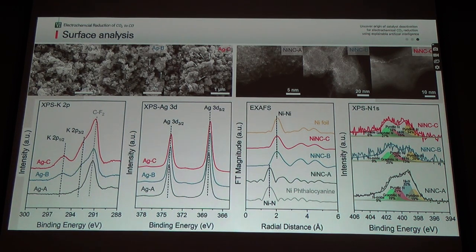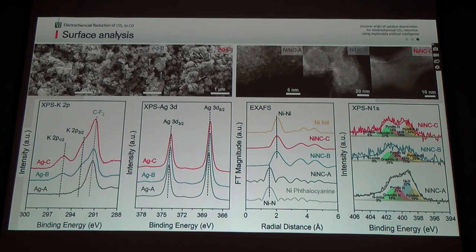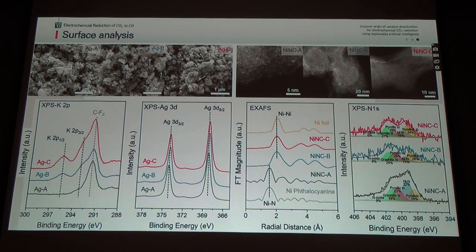However, in the case of the nickel single atom catalyst, the active site is nickel, composed of the nickel N. So the long-term stability is continuous, and there is no nickel N in this section and in this section as well. So as you can see here, after the performance continues, the acceleration is happening.